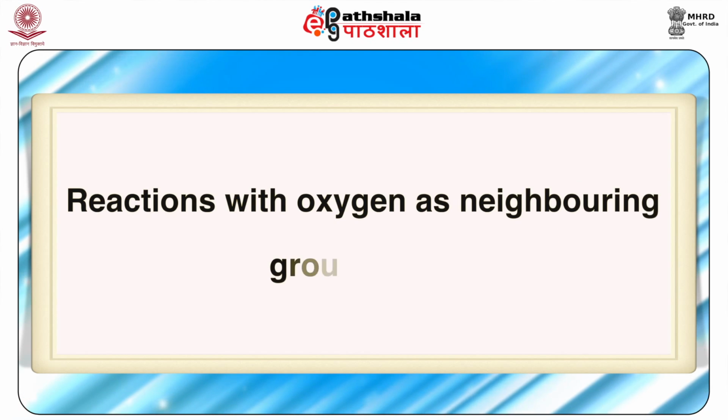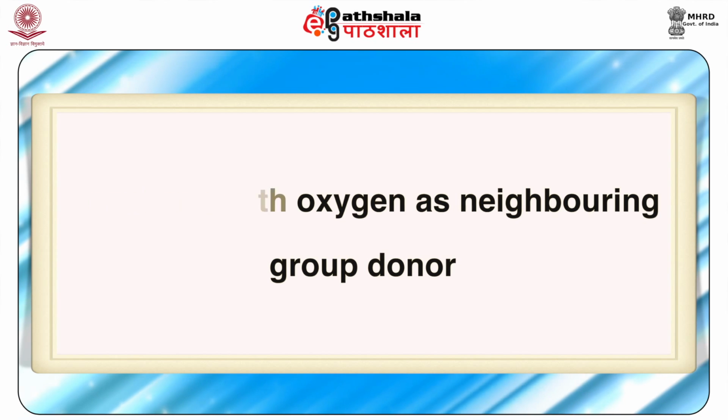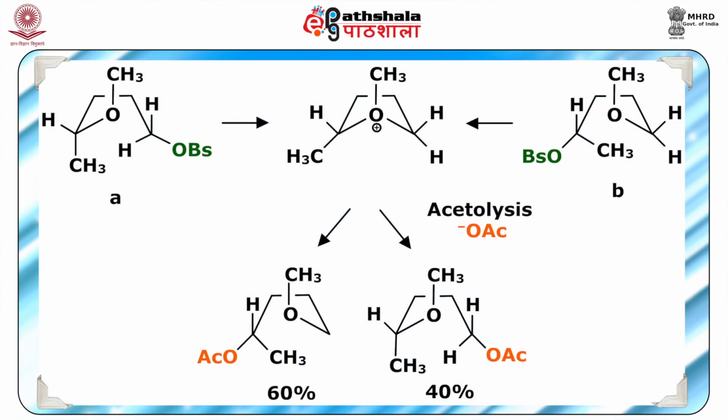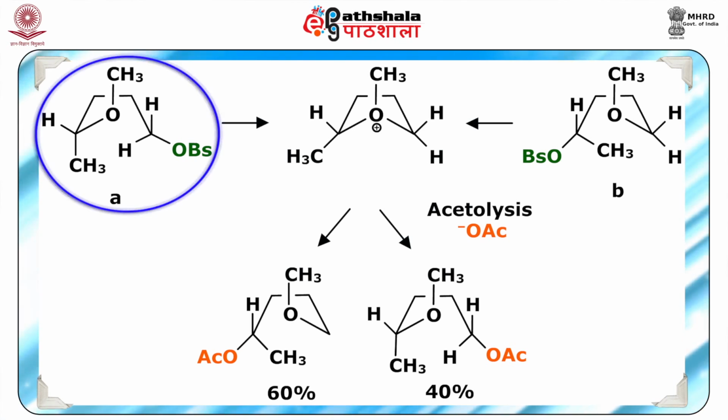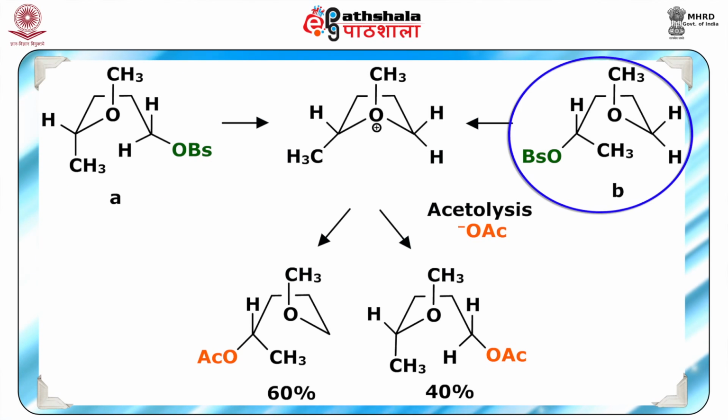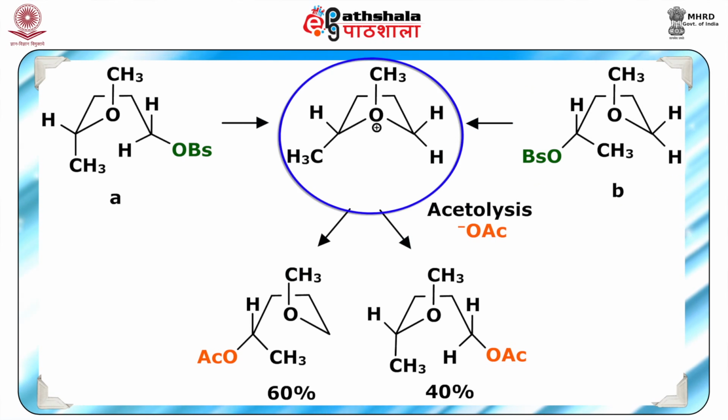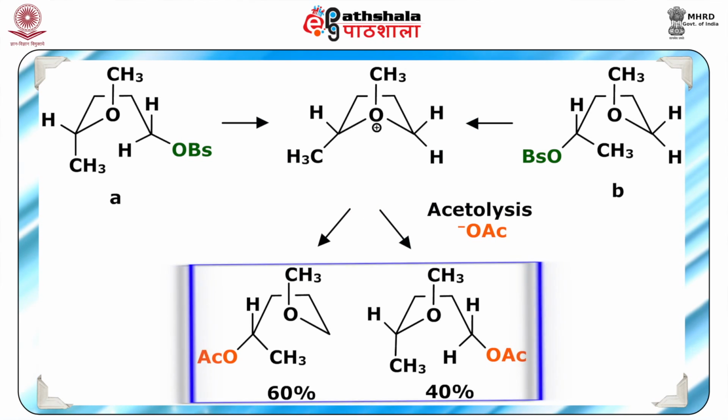Let us consider the reactions with oxygen as the neighboring group donor and go into more details. The acetolysis of two different substrates, if we consider, that is first shown here as A, 4-methoxy-1-pentyl brosylate, and B, which is 5-methoxy-2-pentyl brosylate with a common intermediate structure, gave the same mixture of products, which further confirmed participation by the neighboring group, leading to a common intermediate.